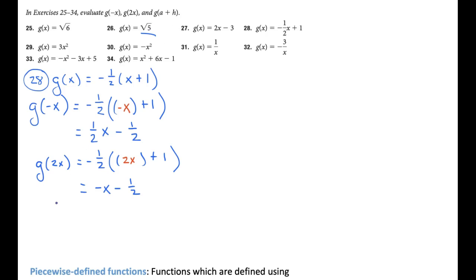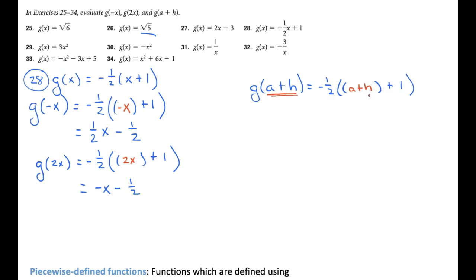And then the last one is a plus h. So I'm going to do that over here. G of a plus h. And I'm going to just rewrite this and replace the x with a plus h. So -1/2. And I'm putting everything in, and I'm just leaving a blank for where I'm going to put the a plus h. So don't forget, this all comes as a package deal right here.